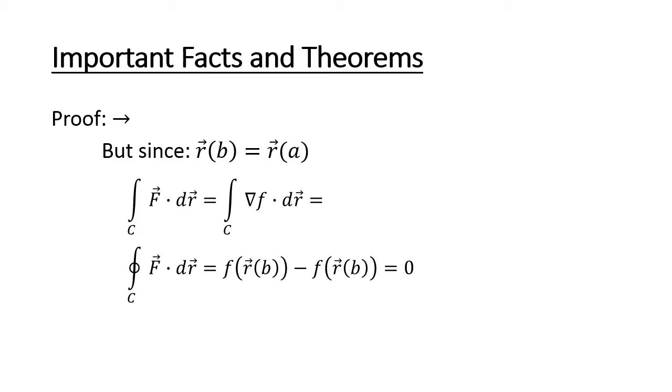We make that substitution. And then by the fundamental theorem of calculus, I know that the integral of the gradient only depends on the endpoints. But in this case, my endpoints, r of b and r of a, are the same. So it's really the endpoint at b minus the endpoint at b. So f of r of b minus f of r of b is going to be 0. They're going to cancel each other out. And that's my theorem here.